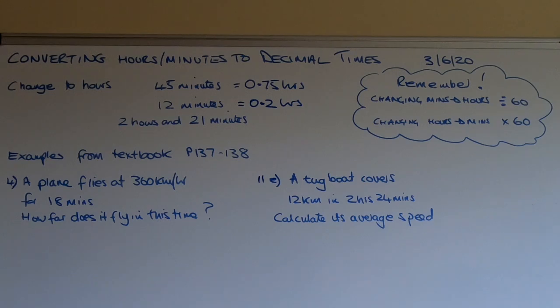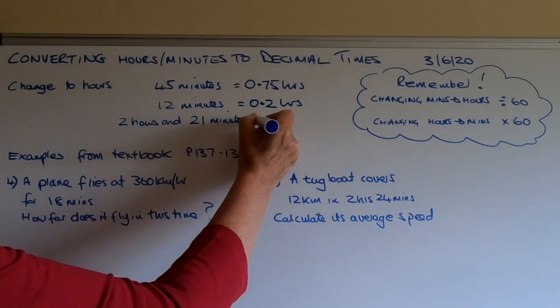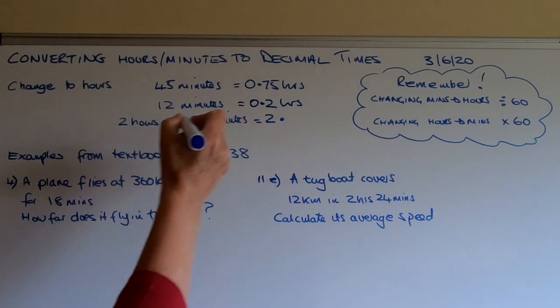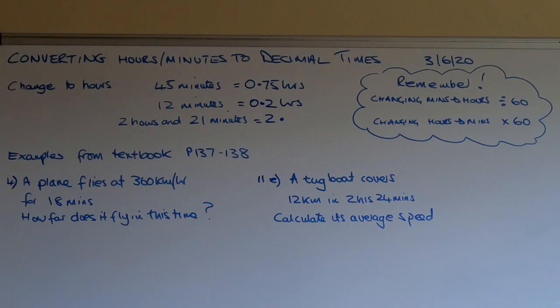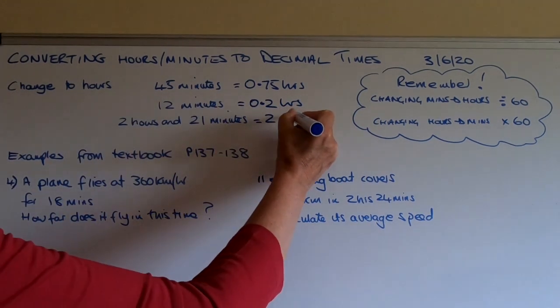We've got 2 whole hours, so let's start by saying 2 point. So 2 hours and a fraction. What fraction? 21 minutes. 21 divided by 60 equals 0.35. So 2 hours and 21 minutes is 2.35 hours.